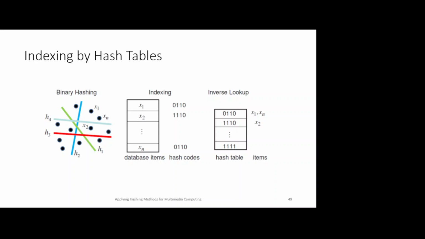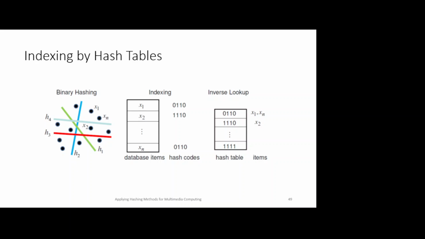Last week we already mentioned this. How do you use your hash functions? You use a set of hash functions to generate a set of binary bits. For example, here I use 4 hash functions, h1 to h4. In the 2D space they can be represented as straight lines.